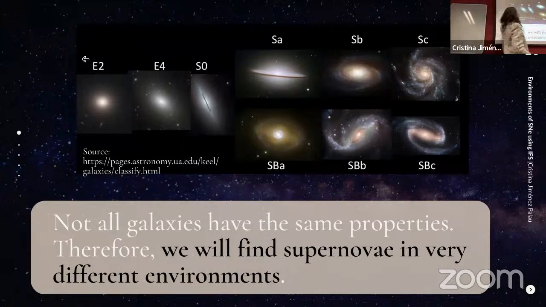Here you can see very different, super different galaxies. If we didn't have prior information, we couldn't say that all the galaxies are equal, because we know that they are not. So we need to assume that we can find supernovae in very different environments, so we need to study them.